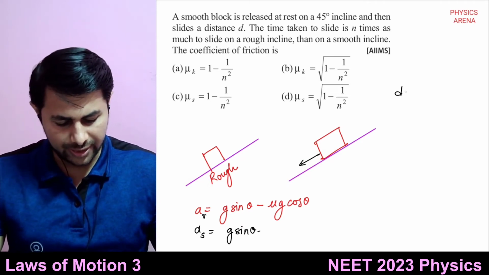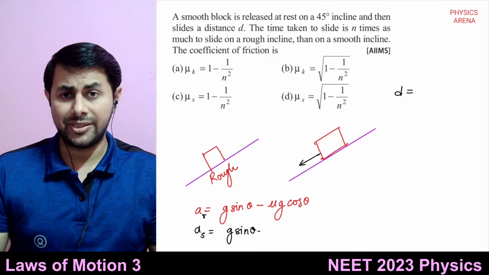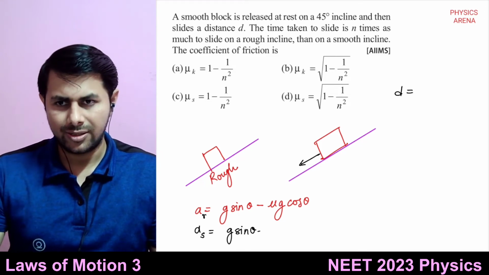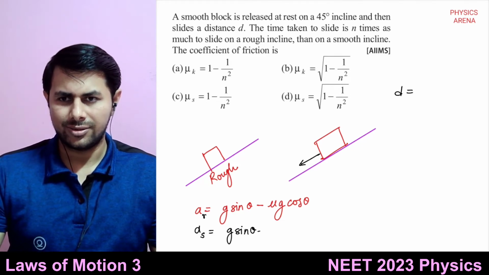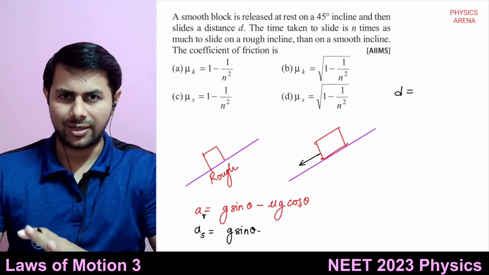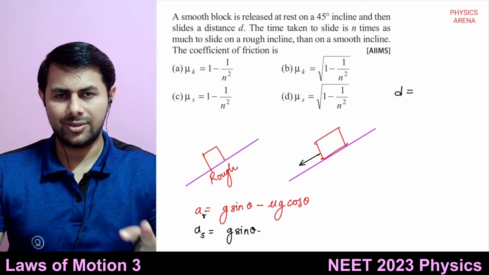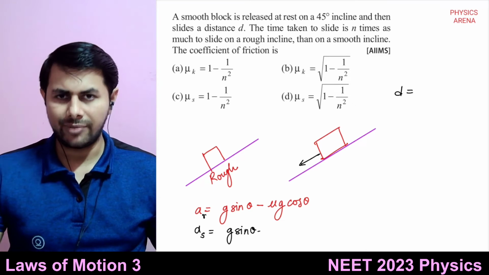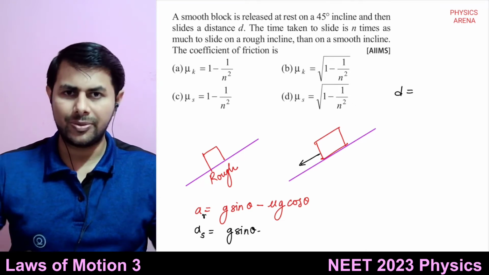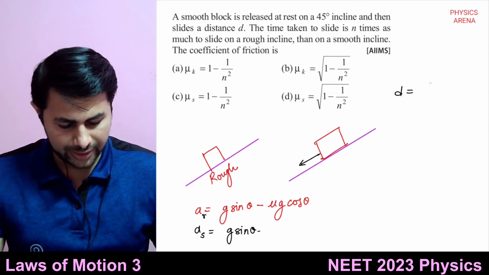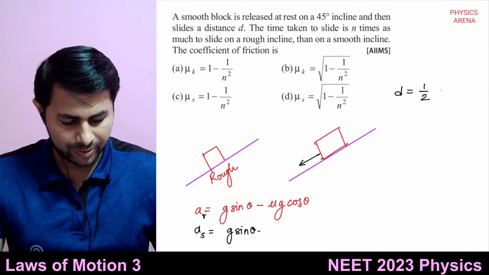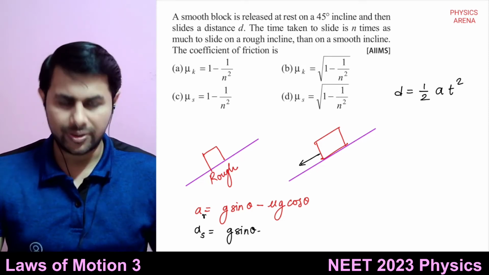So distance d can be written using s equals ut plus half at square. If it begins to slide, initial velocity will be 0 and it has some acceleration, different on different inclines. So d is equal to half a t square.